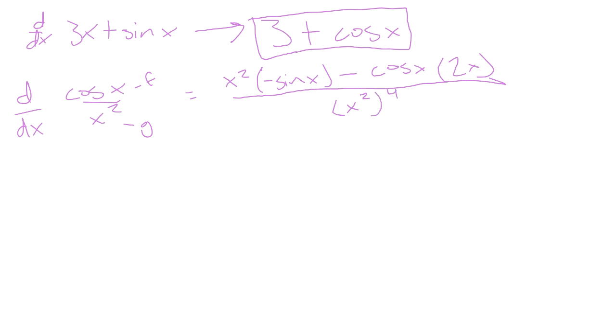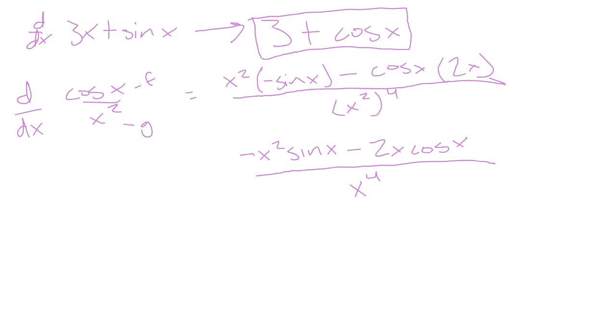We just have to clean this up a little bit to make it a little prettier to read. Essentially we can say that we have negative x squared sine of x minus 2x cosine of x over x to the fourth. And we can even go one step further, since we have x's in our denominator and x's in both of our terms.